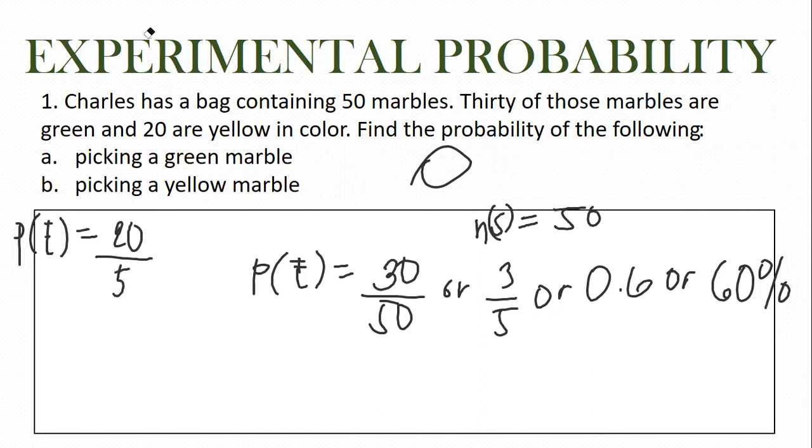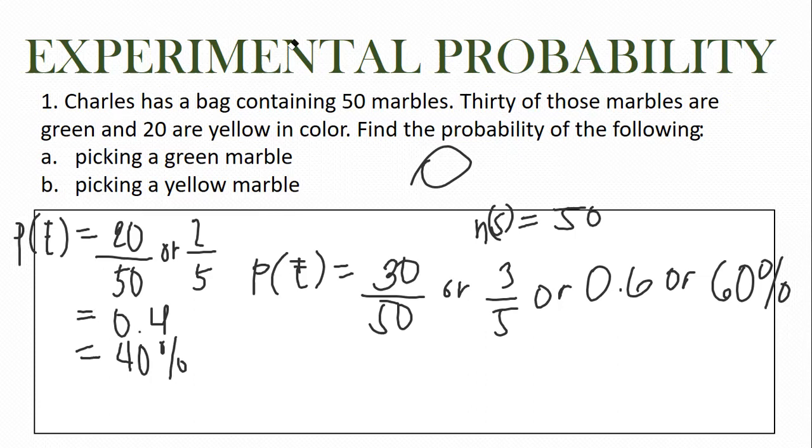We have 50. So, we have 20 divided by 50, divided by 10. We have 2 over 5. So, getting the decimal form, 2 divided by 5 is equal to 0.4 or we have 40%. Yeah, this is the answer, no?